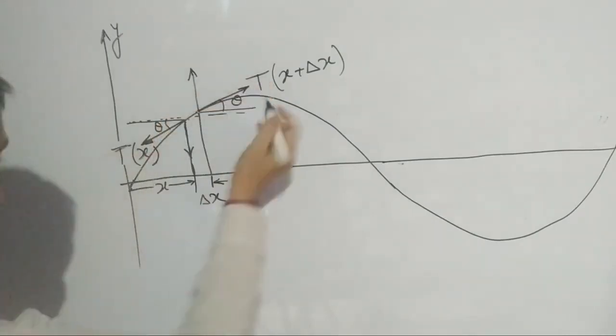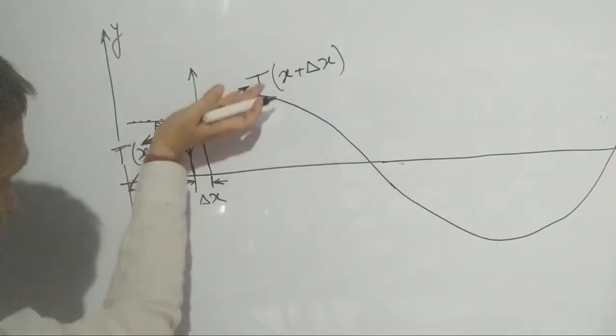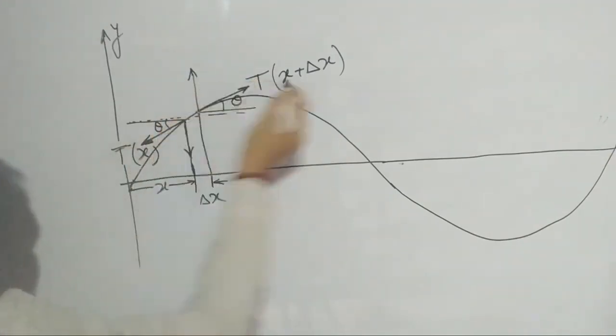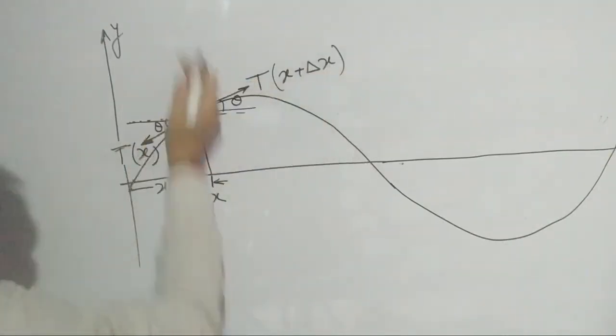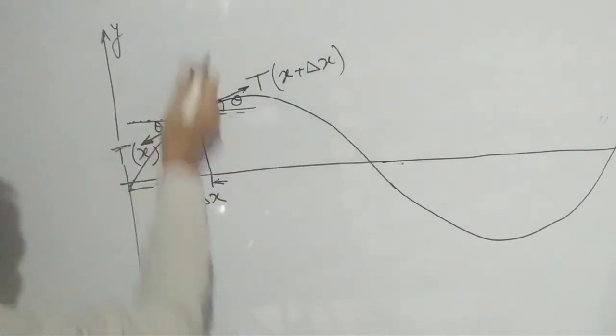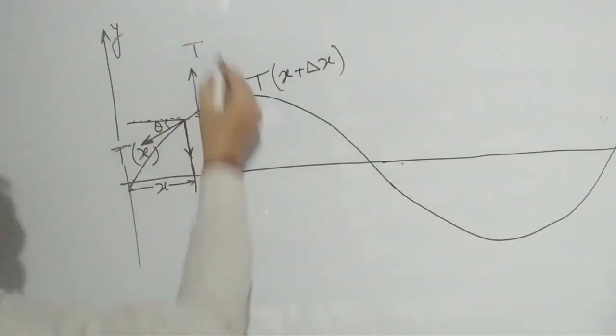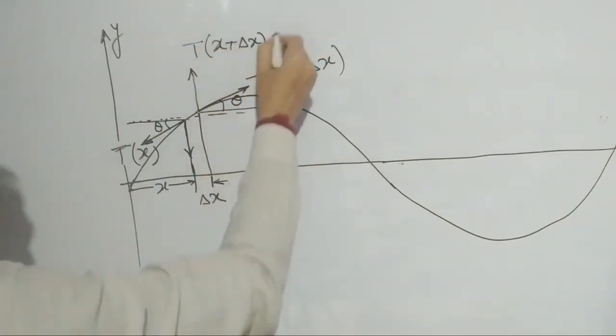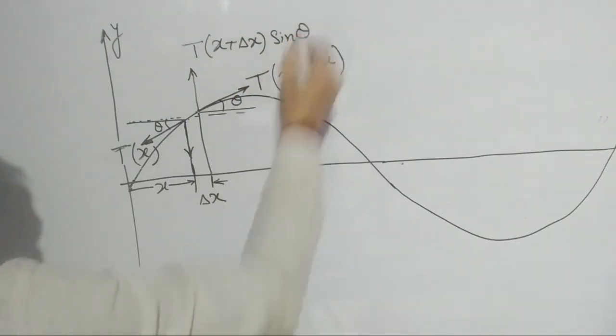Now this tension at x plus delta x has a component in the upward direction. So this is T cos theta, this is T sin theta. So we can say T at x plus delta x sin theta.